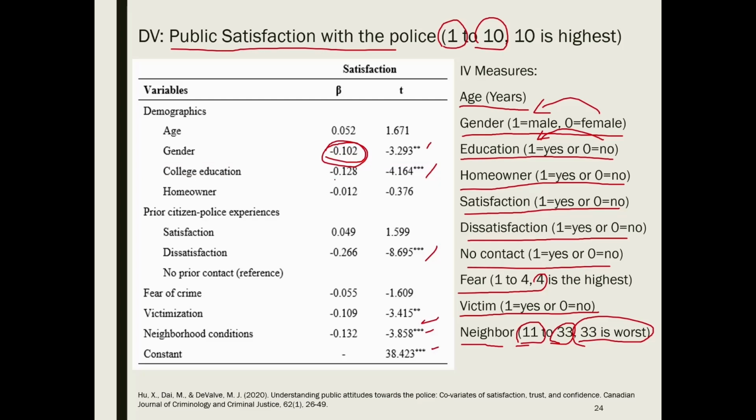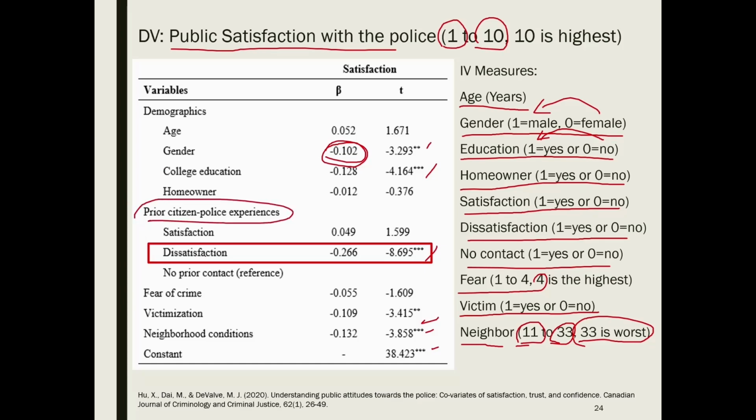Okay. So we also have the prior citizen police experience, and the dissatisfaction is a huge impact here. What does that mean? It means if a respondent had a previous citizen police experience, whether it's a traffic stop or other things, and he or she was not satisfied with the previous experience, then this will impact their perspective about the police at this moment.